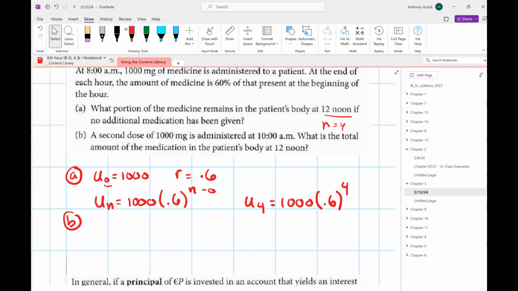Okay. A second dose of 1,000 milligrams is administered at 10 a.m. What is the total amount of medication in the patient's body at 12 noon?